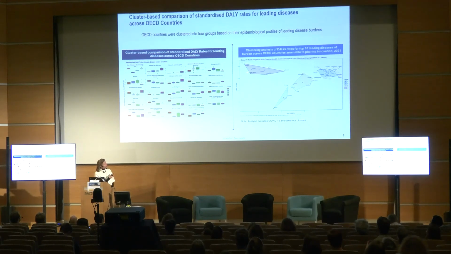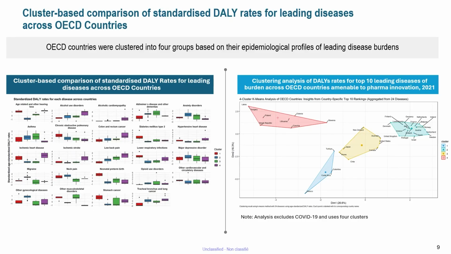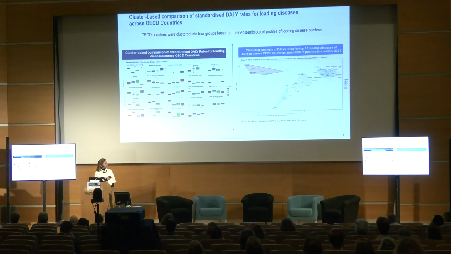And here you have the group of Eastern European countries where, as I told you before, there is a lot of CVD, a very high burden of disease for CVD, for alcohol disorder, also some cancer, colorectal cancer, linked also to some of these risk factors.